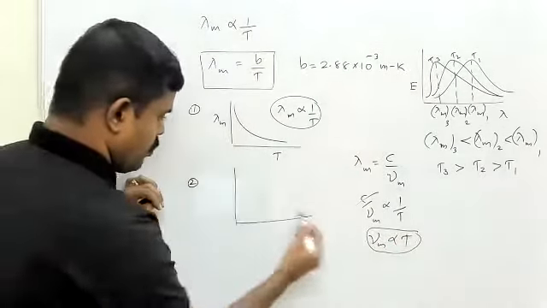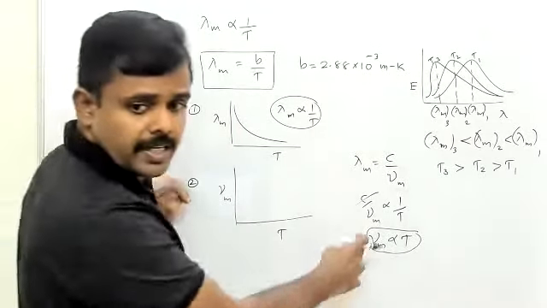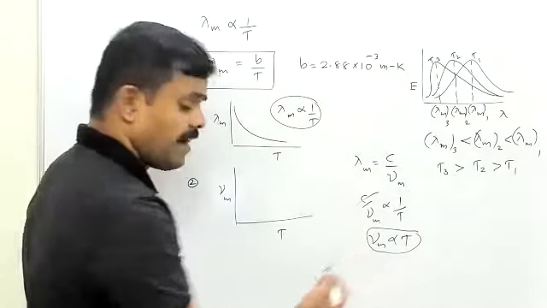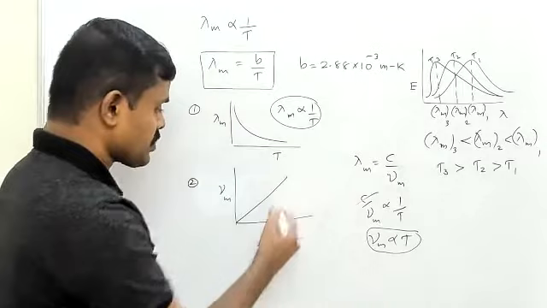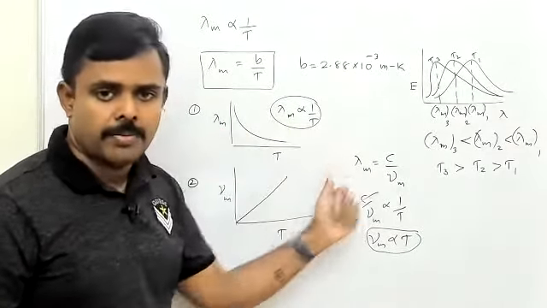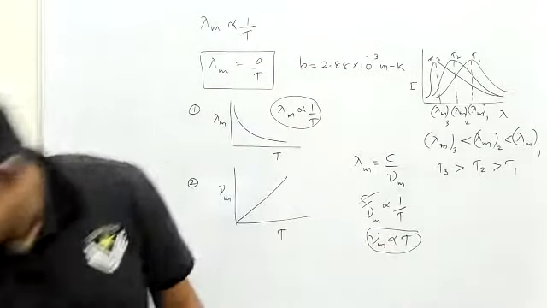So if you draw nu m against temperature, the relation is directly proportional, and with direct proportionality the graph is a straight line. If you have inverse proportionality, the graph is a rectangular hyperbola. If you have direct proportionality, the graph is a straight line. Hope you understood this now.